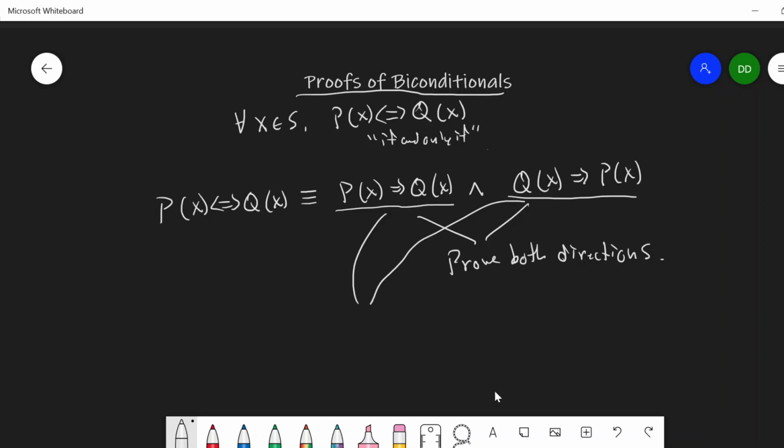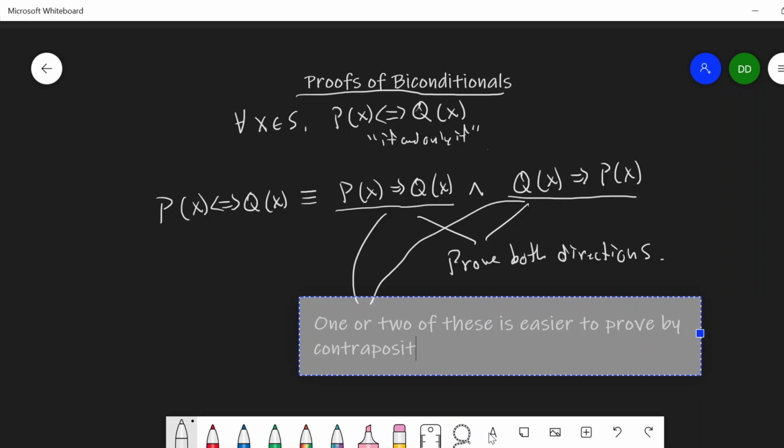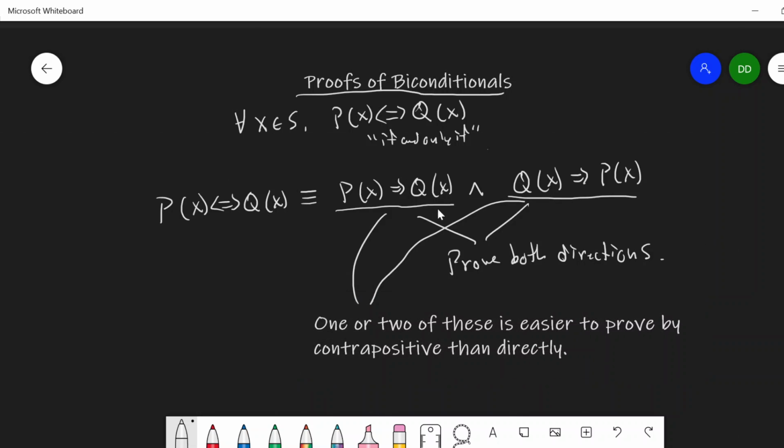So the idea is we'll prove one statement by contrapositive and the other one directly, or maybe we'll prove both of them by contrapositive. It depends on the statement. Let's take a look at an example of this, and we'll see what our strategy will be.